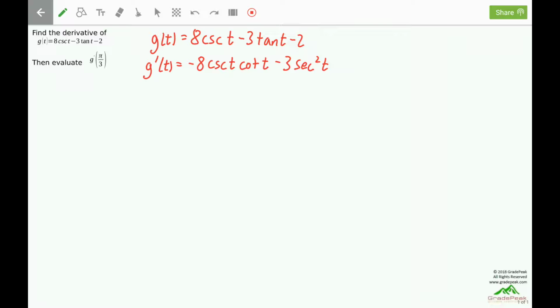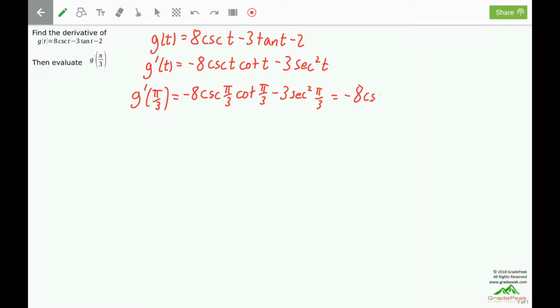The next thing to do is evaluate g prime of pi over 3. G prime of pi over 3 means to plug in a pi over 3 for each of the t's. So that will give us negative 8 cosecant pi over 3 cotangent pi over 3 minus 3 secant squared of pi over 3.